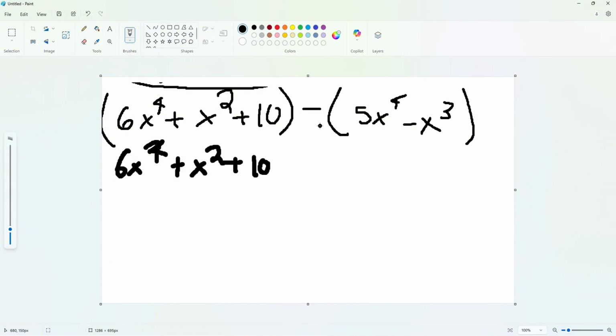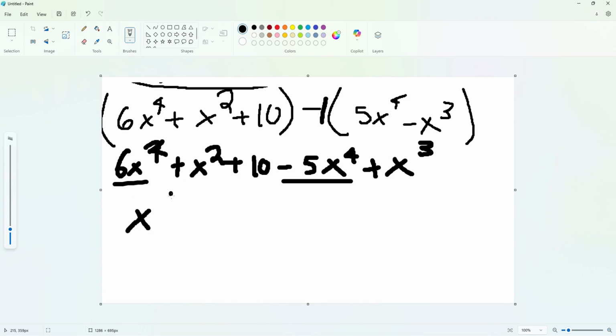Now there's an invisible 1 here, and now we're going to distribute the negative 1: minus 5x to the 4th plus x to the 3rd. When you multiply a negative by a negative, it makes a positive. Let's add the like terms now. We have 6x to the 4th, and we have negative 5x to the 4th, which gives us x to the 4th.